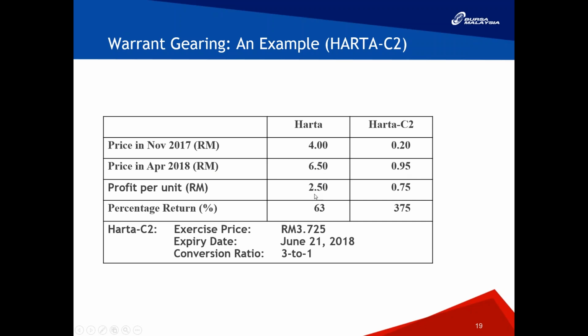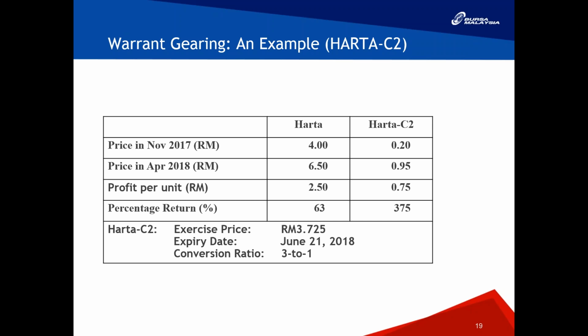You can see that in terms of return, the return on investing in shares at 63% is very respectable, but pales in comparison to that of C2, which is 375%. So that is why people like to buy warrants, because of the gearing effect. Right?